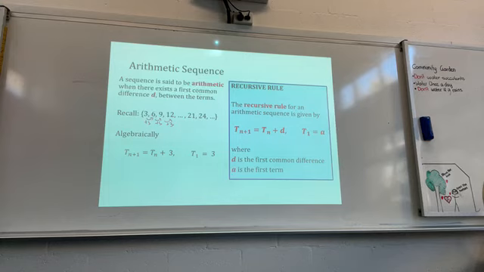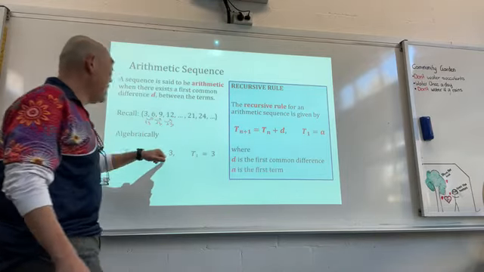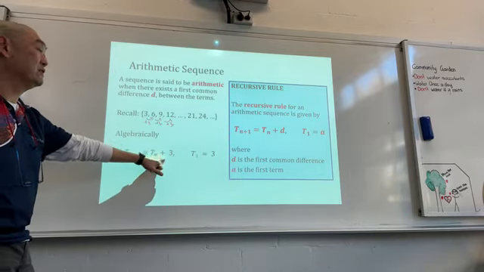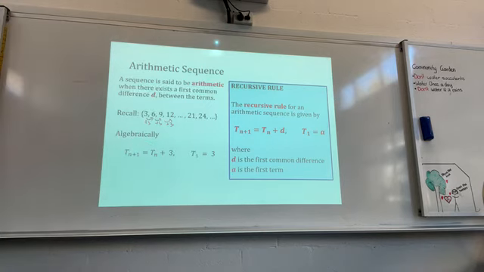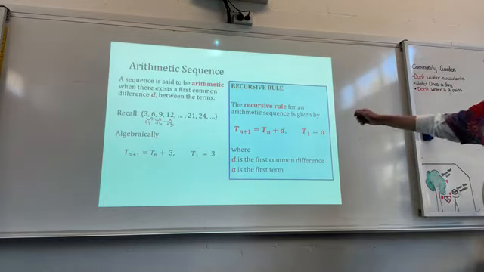For the recursive rule, which is this, you must always indicate what T1 is. So Tn plus D, that's the first common difference, and A is the first term. Alright? So this is important, this box is important. If you want, write that down please.